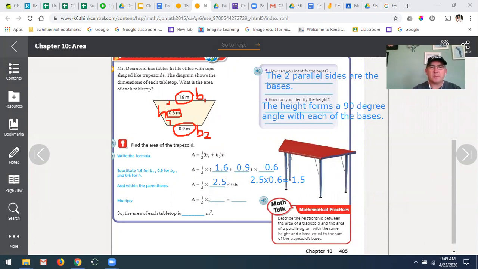So here we're putting 1 and 5/10 times a half. That equals 7/500. So this tabletop has an area of 7/500 meters squared.